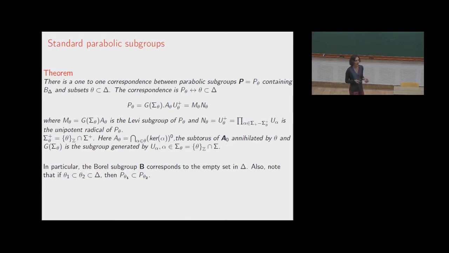This root system has a basis delta, and for any subset theta of delta, you can define a parabolic subgroup whose Levi contains those roots in theta. In particular, you can compare standard parabolic subgroups because of some inclusion properties of theta_1, for instance.